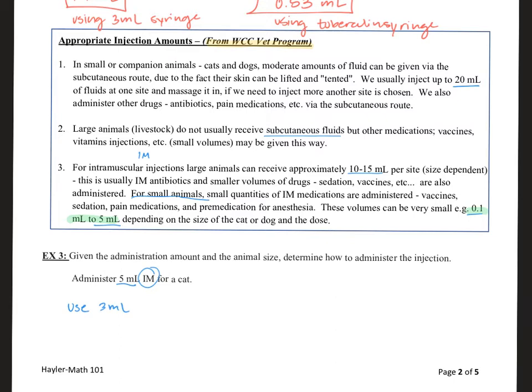Oops, wrong one. And then to make it fully 5 milliliters, we have 2 milliliters in another standard syringe. And that can be administered in the same area, but normally if you split your syringe into 2 separate amounts, you'd probably put them in separate areas. Alright, moving on.